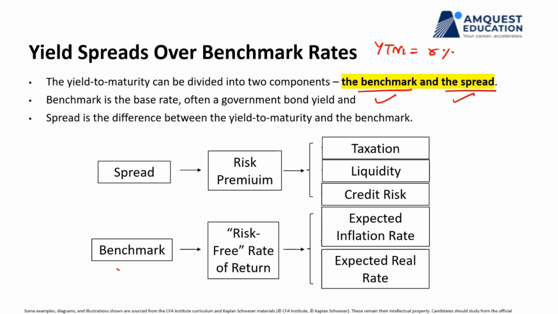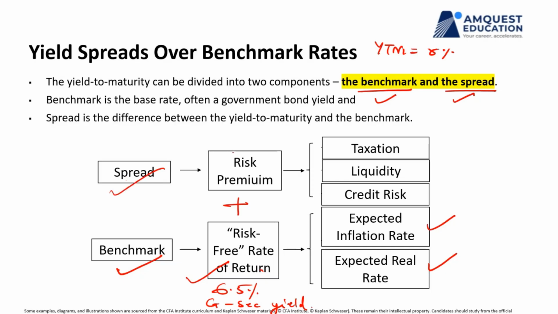The benchmark is typically a risk-free rate of return, which means government bond, 6.5%. And this 6.5% of government bond yield, this is government bond or government security yield, GSEC, is based on two things, expected inflation and real rate. Okay, so to this benchmark, we add a spread, and that spread is the risk premium.